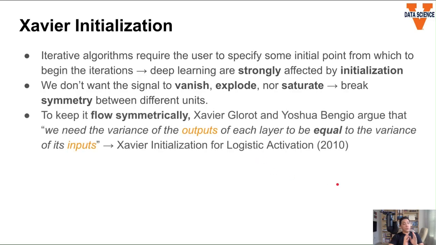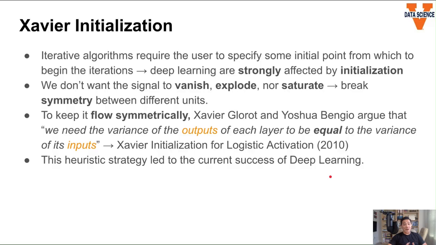So to keep the flow symmetric, Xavier Glorot and Yoshua Bengio, with his advisor, argued that we need the variance of the output of each layer to be equal to the variance of the input. And that gave rise to the Xavier initialization for the logistic activation function in 2010.